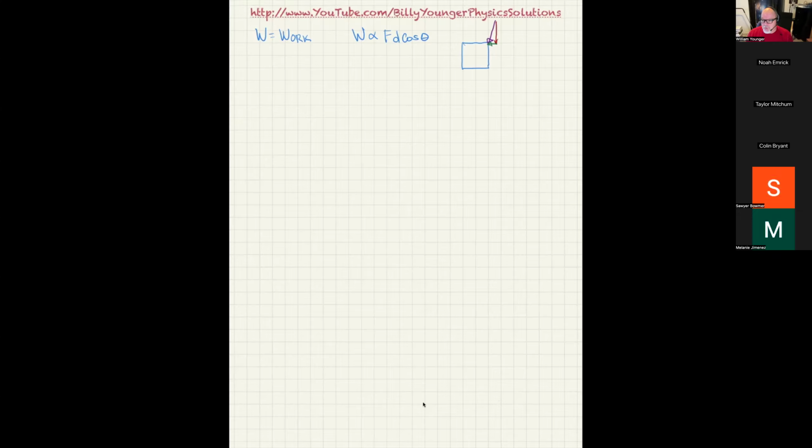That's where we're ultimately shooting for, figuring out what the work would be in such a case. We want the work to be either the component of force that's parallel to the displacement, or the component of the displacement that's parallel to the force. Either one would technically be acceptable. However, very rarely do we use the second version, where you take the component of D parallel to F, but it could be done in principle.